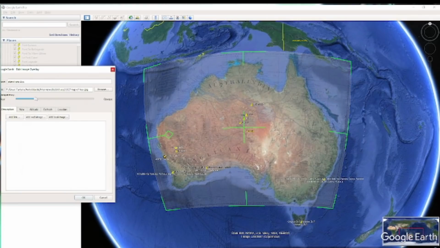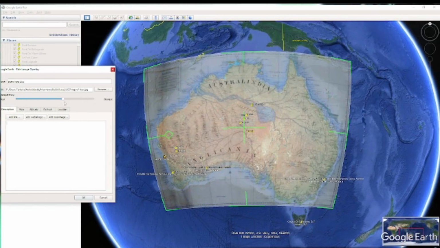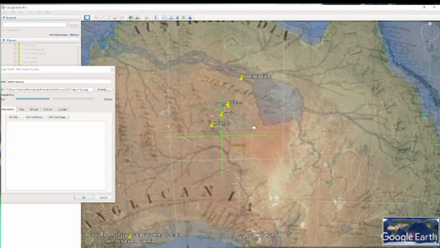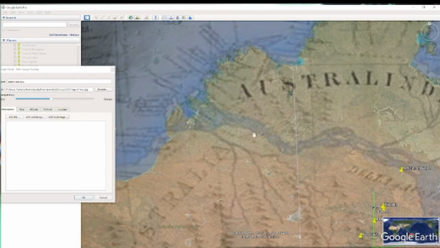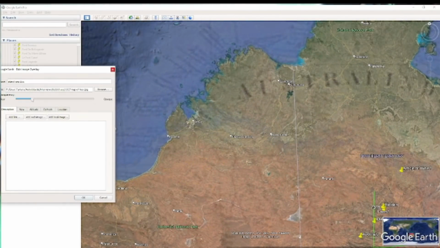So you can see that's Google, and as I bring it in, it's pretty good, I think. I think I've got it on pretty well. So what we can do is we can see this actual inland sea now. As you'll see, it's coming in here, or going out there maybe.